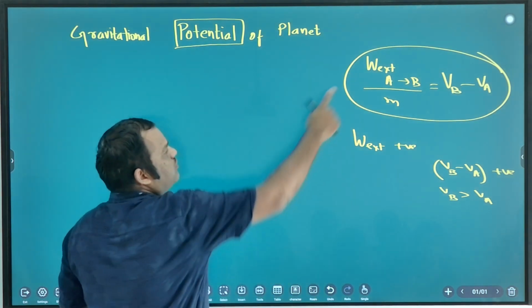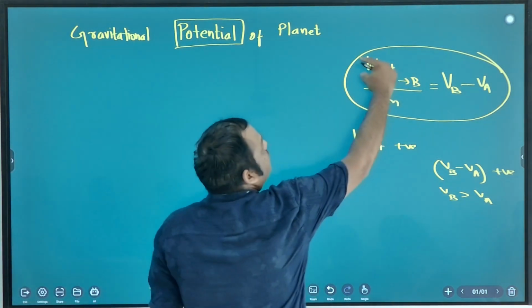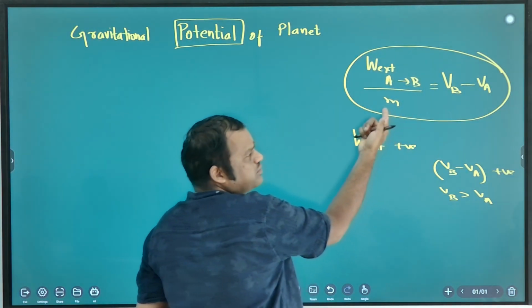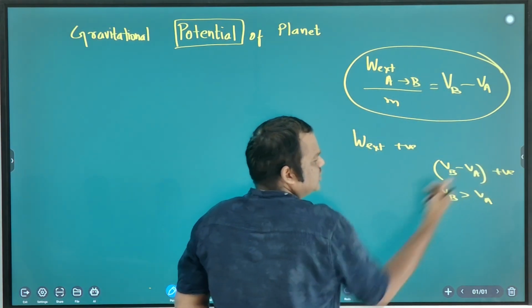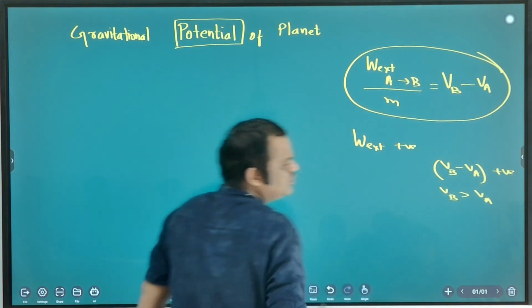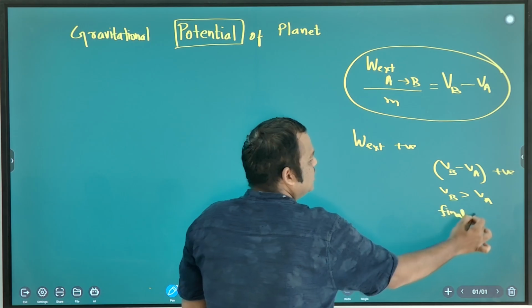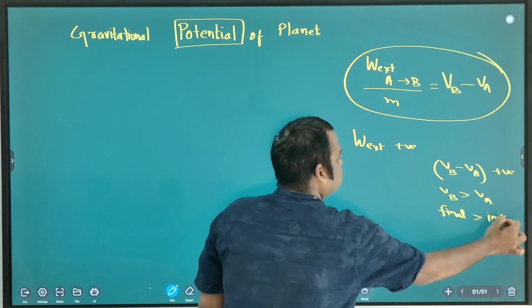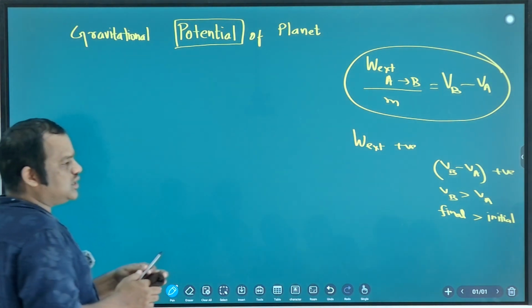Mass is always positive. So which is greater, VB or VA? VB. So final potential is greater than initial potential.